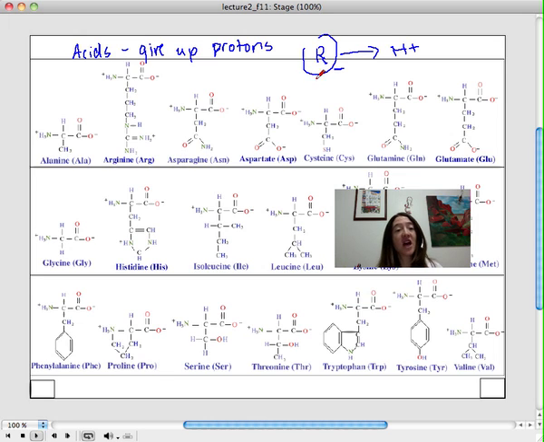So at that pH, an acid will have given up its proton. So if we scan through, we'll find only 2 negatively charged R groups, aspartate and glutamate. Aspartate and glutamate are our 2 acidic amino acids.